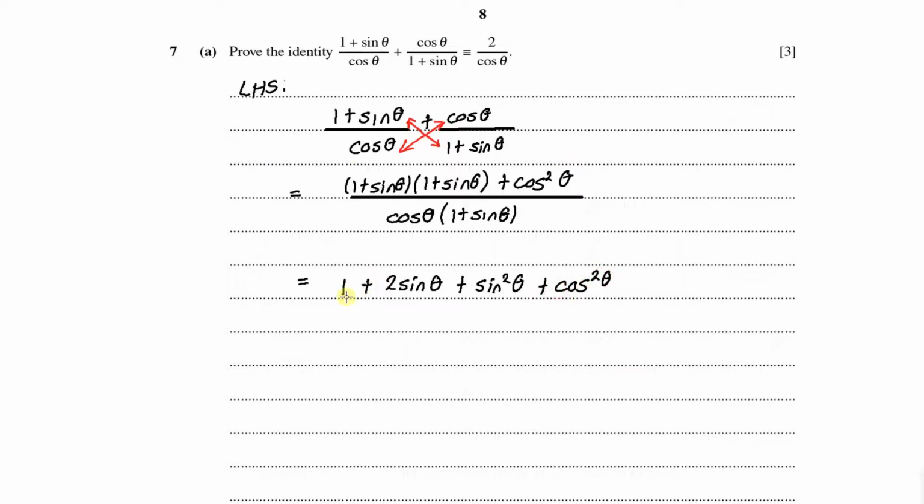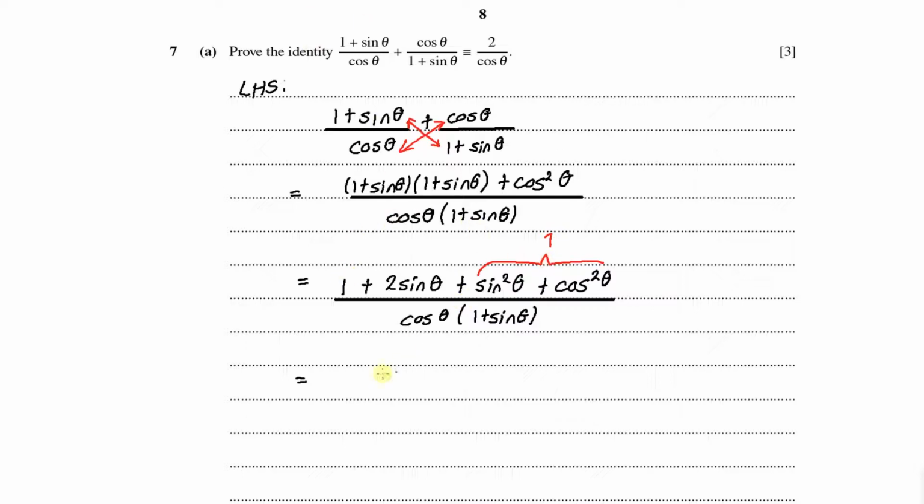And it's all divided by cos theta bracket 1 plus sine theta. So now, sine squared theta plus cos squared theta, we know from the identity, gives us 1. So these two are going to give us 1. And 1 plus 1, that's 2.